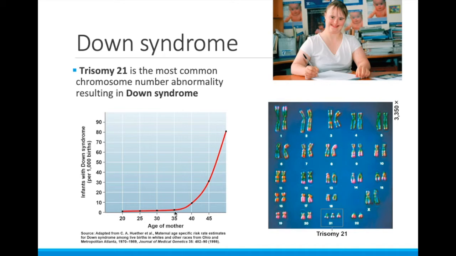And this risk factor really starts to go up around age 35. And then it increases exponentially. We think that this has got something to do with the spindle during anaphase, that as the woman is older, the spindle fails more often. But we're not 100% sure what causes Down syndrome in older mothers.